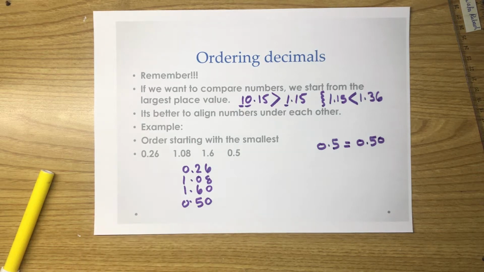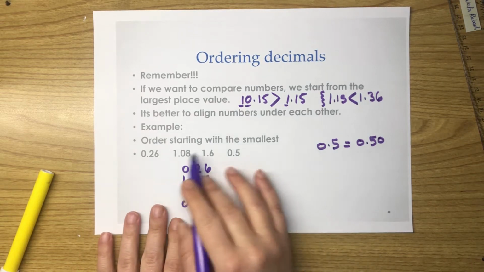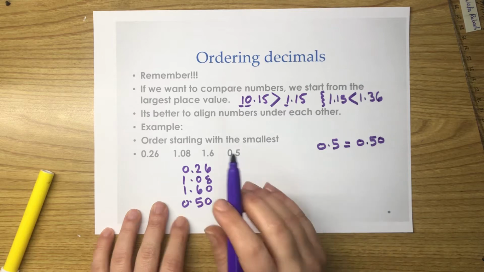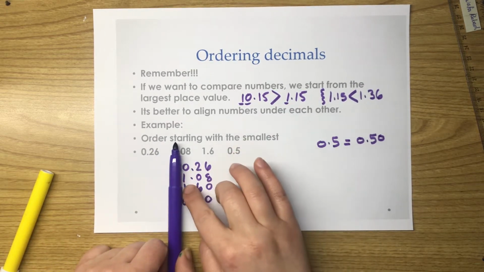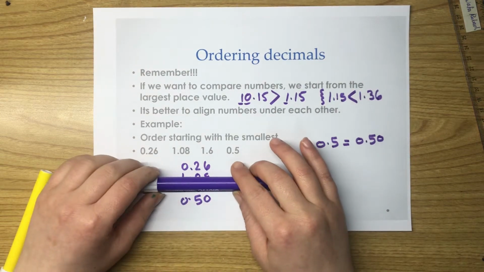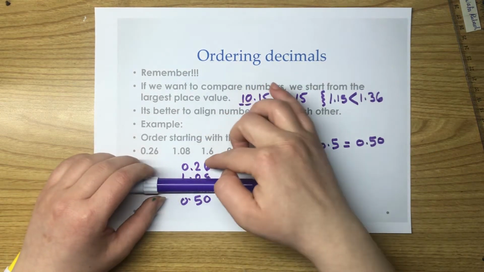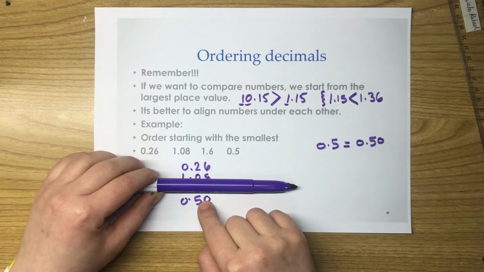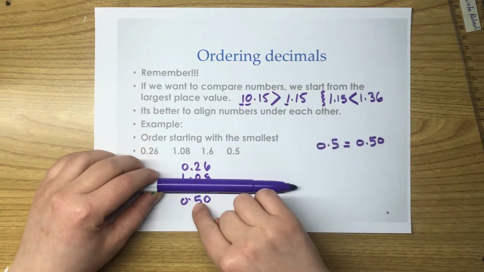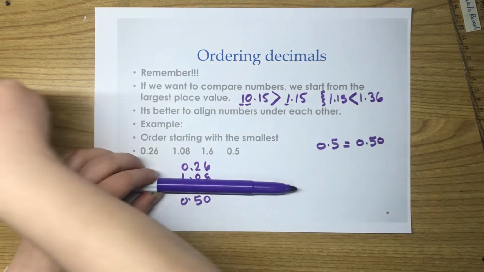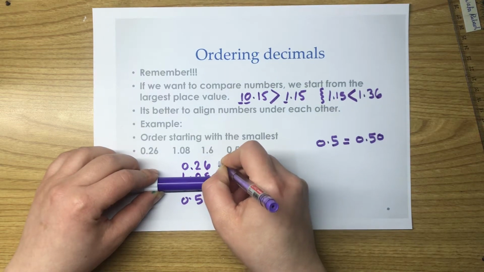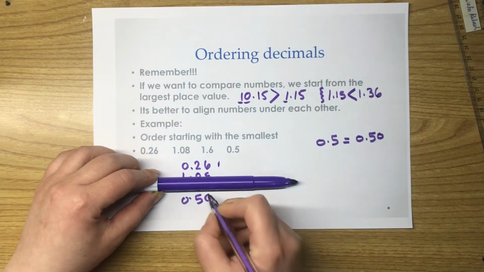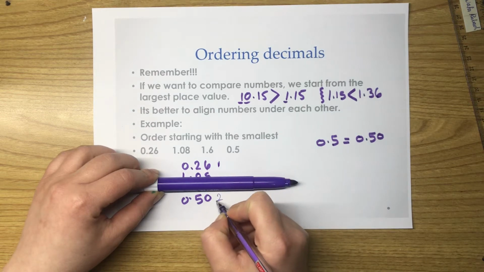Now, when you want to start from the smallest, you have to start from the greatest place. 0, 1, 1, definitely those two are out of the question. We have to compare this number and this number. This one has 2 and this one has 5. So I'm going to mark this one as the smallest, the first smallest number, and this is going to be the second one.